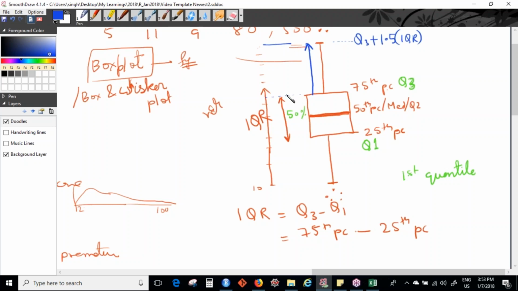Till here it is Q3, and this distance is 1.5 times IQR, so this box times 1.5. That is this distance. This blue color is 1.5 IQR. And if you have to get till here, you'll have to do Q3 plus this distance. Making sense, guys?